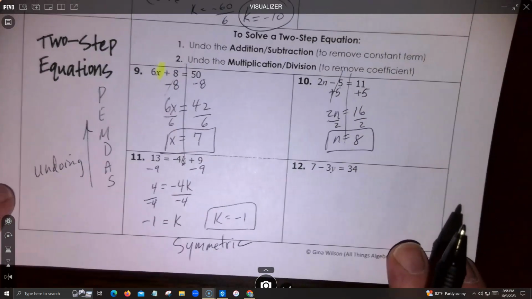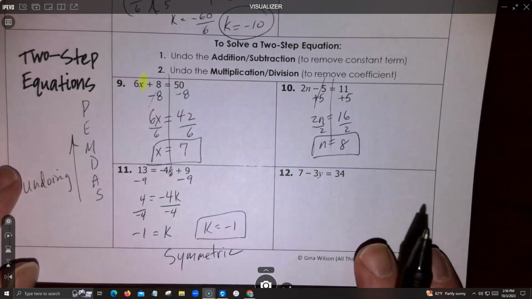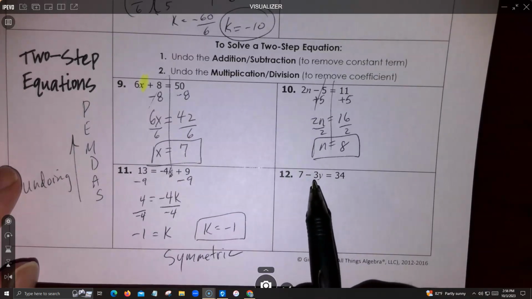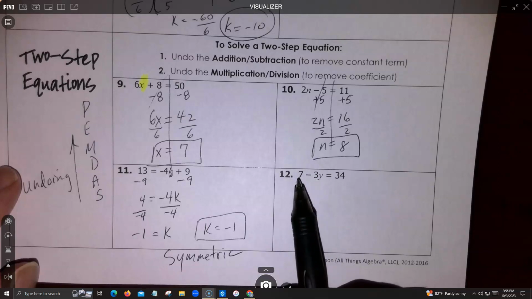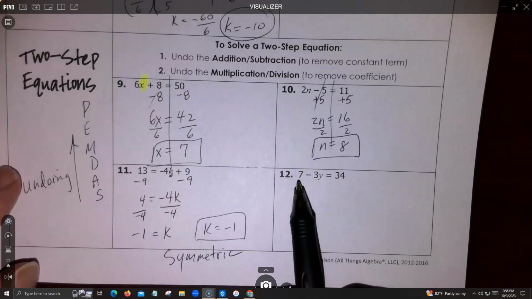All right, number 12 is one that gets students a lot. And the reason being is this minus sign is attached to this 3, not to this 7. Because if I saw this minus sign and added 7, I would make this worse. If I added 7, I would make this 14.